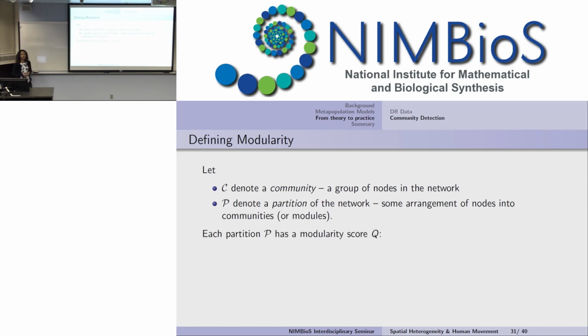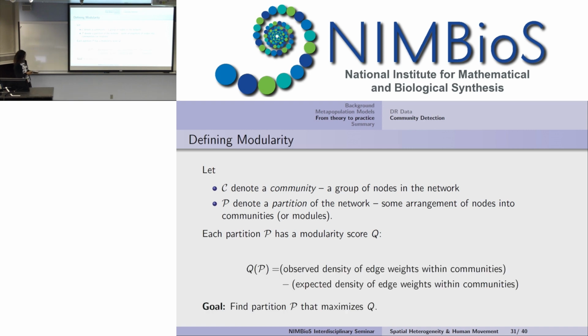For each of these partitions, we can calculate something called a modularity score. This modularity score is calculated as the difference between the observed density of edge weights within communities and the expected density of edge weights within communities. So you are comparing the actual call data to some kind of null model where the edge weights are the same, but you're distributing your edges at random.